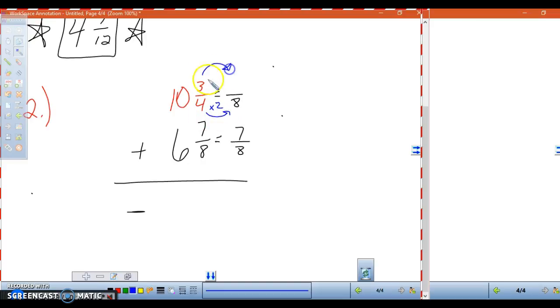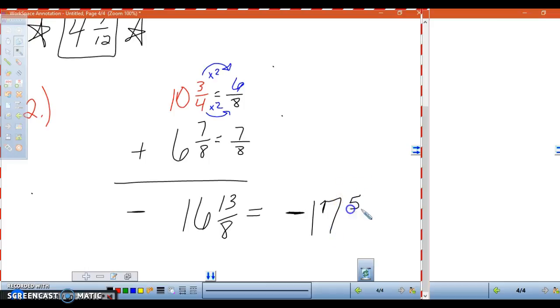So what we do to the denominator, we do to the numerator, and we get 6. 6 plus 7 is 13/8. 10 plus 6 is? Are we done? No. What's our final answer, boys and girls? Try that again. Negative 17 and 5/8. Very good. Okay, so negative 17 and 5/8. Any questions?